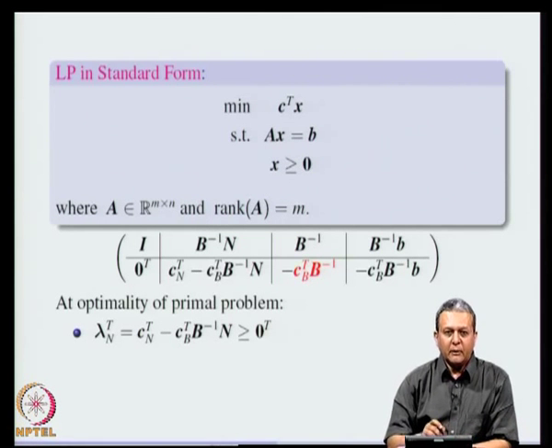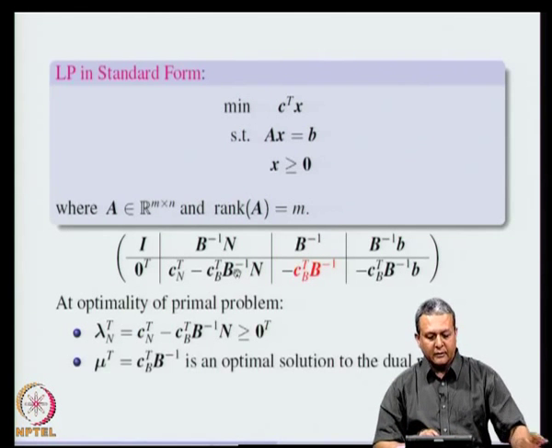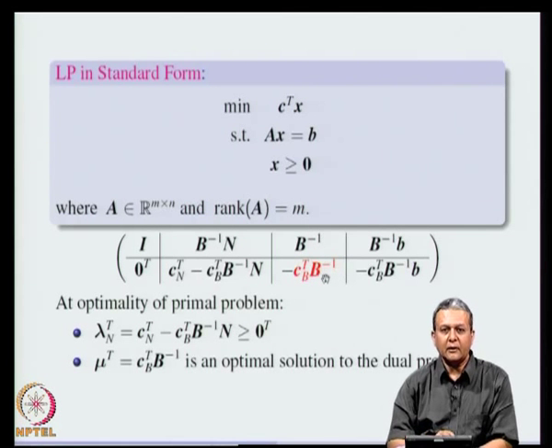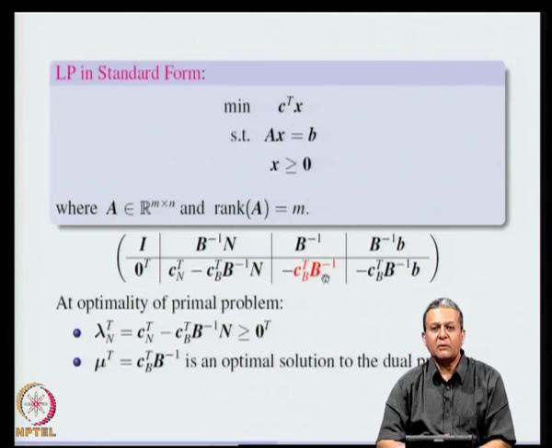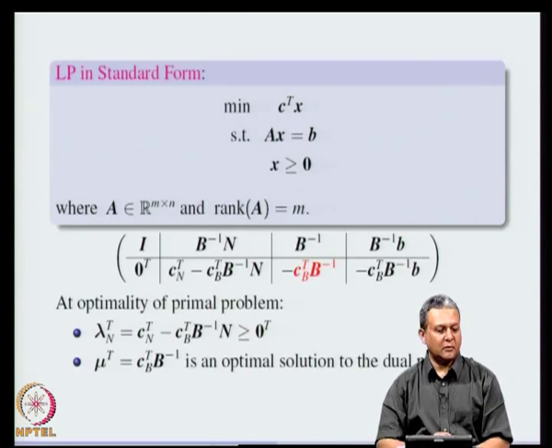Therefore, at optimality lambda n is non-negative and mu transpose is CB transpose B inverse, which is shown here. The negative of the entry here is an optimal solution to the dual problem.